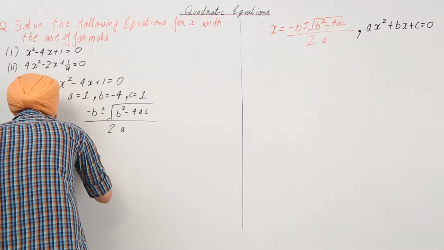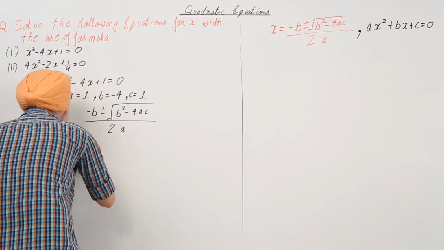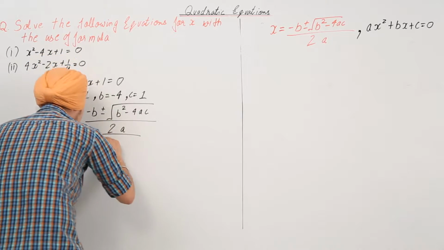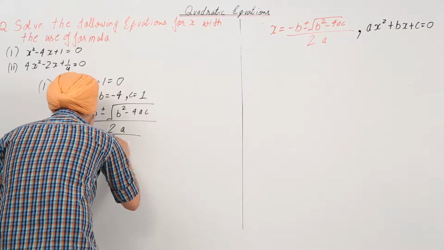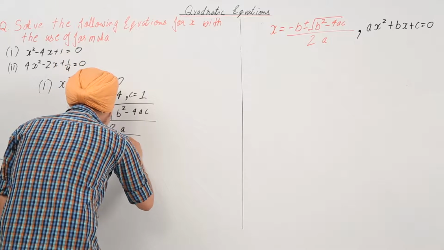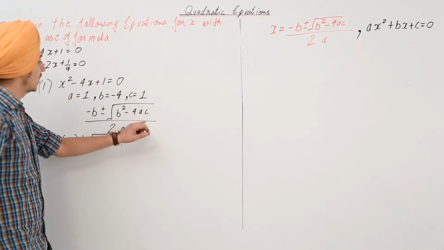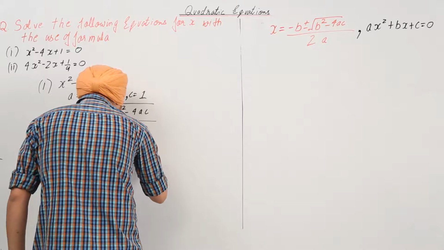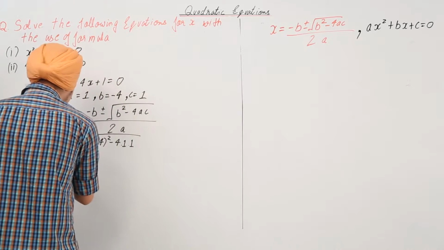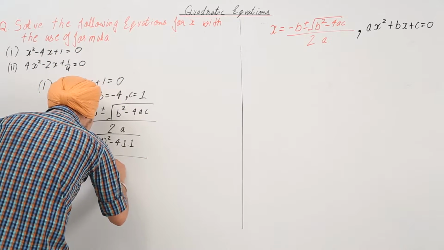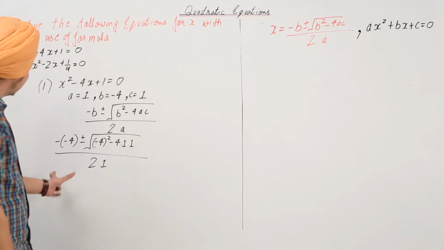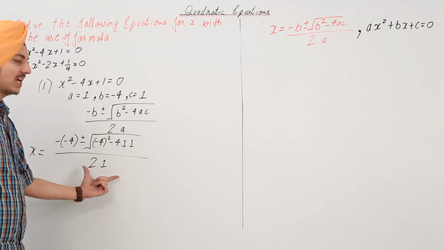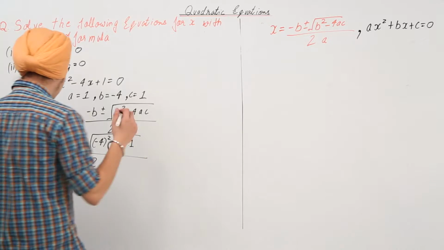So we have minus of minus 4 plus minus root of b square, that is minus 4 square, minus 4 into what is a? 1, and what is c? 1. 4 into 1 into 1 divided by 2 into 1. These are the values of x. Now we just have to simplify these values and write it down.